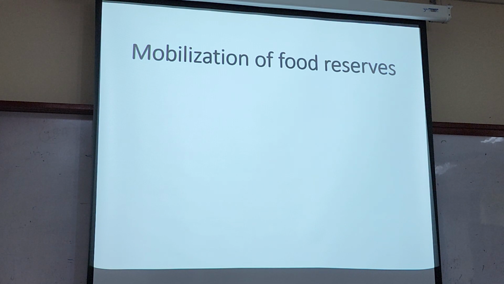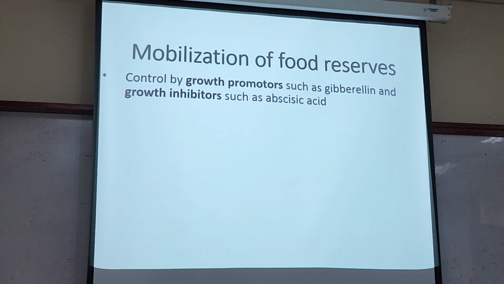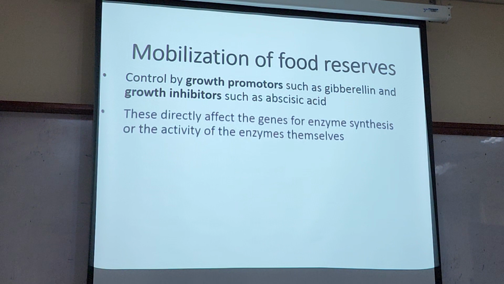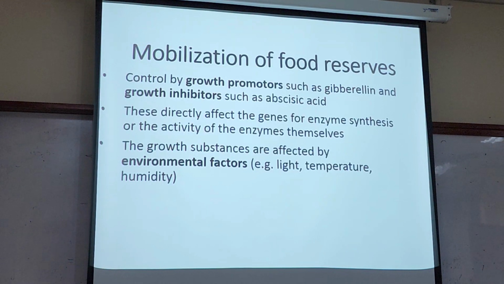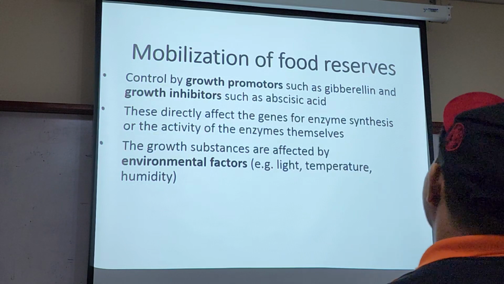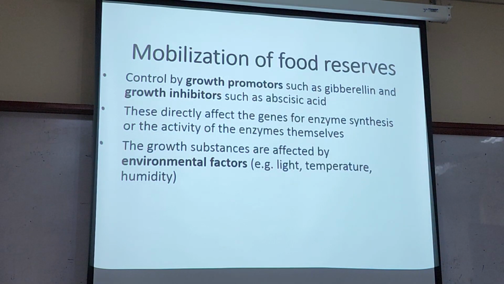Right. What happened to the food reserve in the seeds? So the food reserve in the seed is pretty much inaccessible by the embryo. The food reserve is needed while the seed is growing, because at first the embryo is not able to photosynthesize.